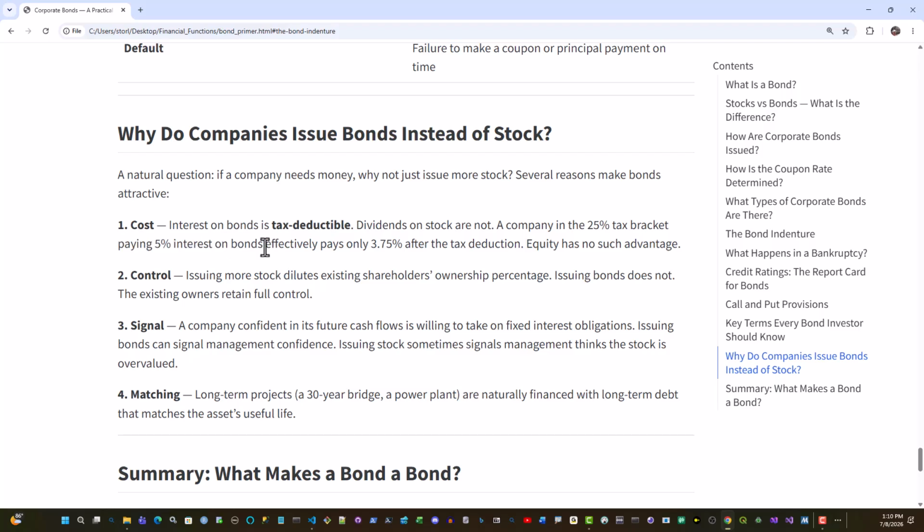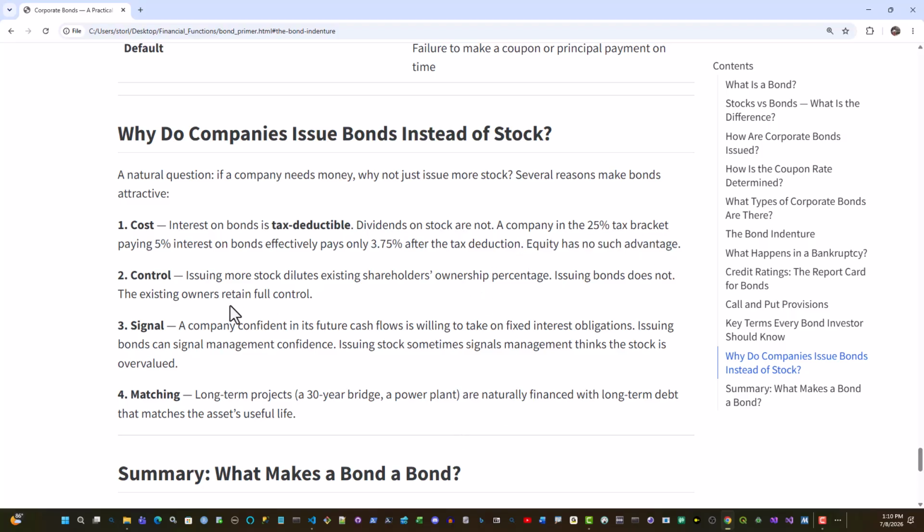After they compute the tax liability, they're only paying 3.75% after they take this deduction. Why? Because they're in a 25% bracket, so 75% times 5% is 3.75%. Equities don't have that kind of advantage.